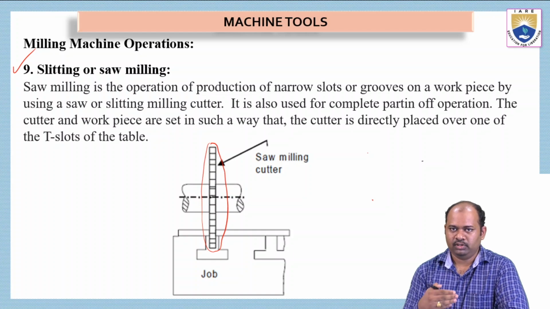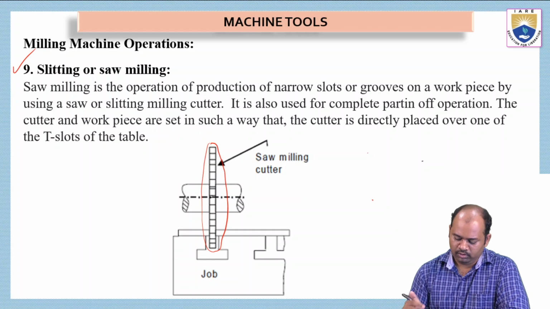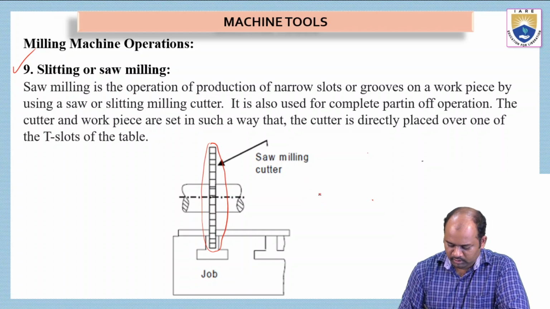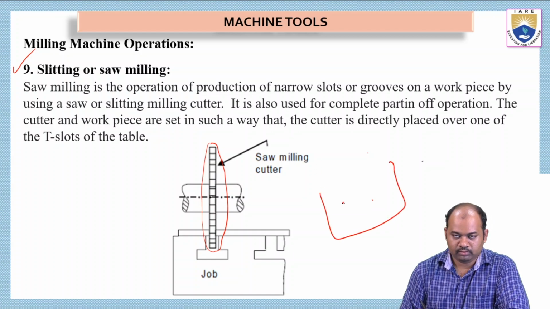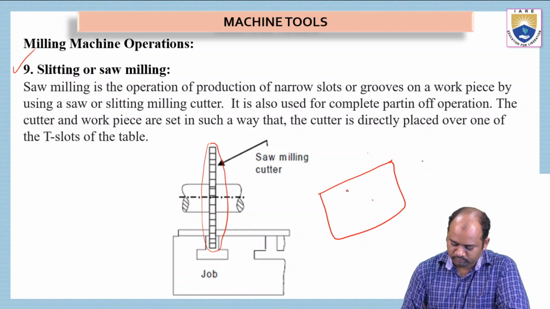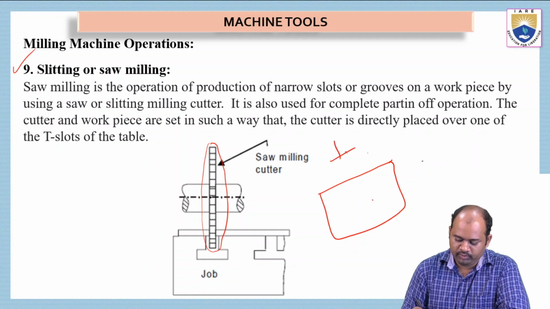In order to make a T slot, we have to use this tool. So I will show you. Initially, this is the workpiece, and this is the area. On this, I already have a slot. I have to prepare a T-shaped slot in this direction, inverted T. So what happens?